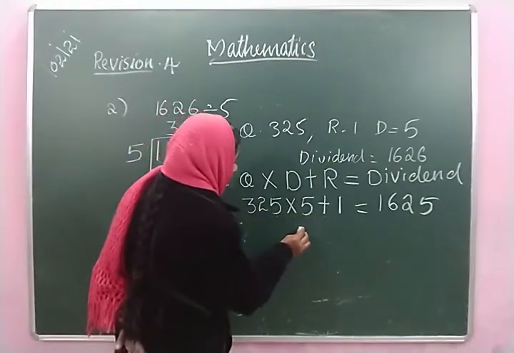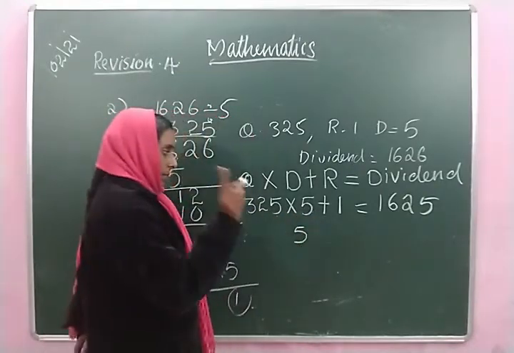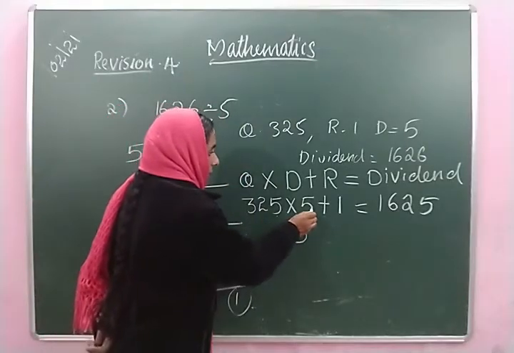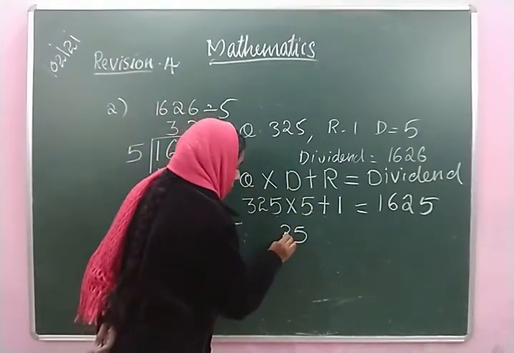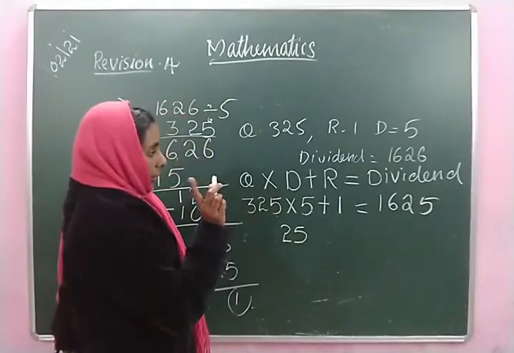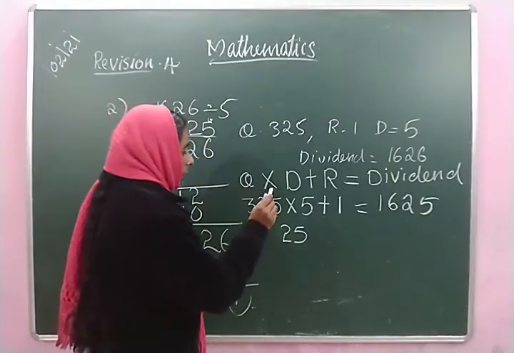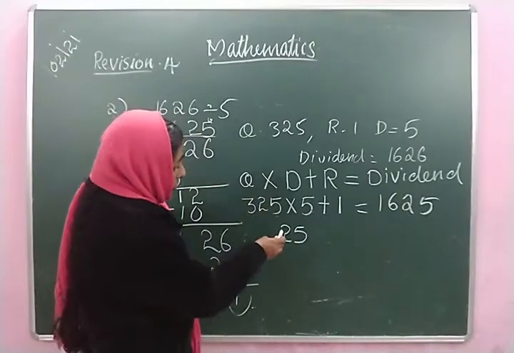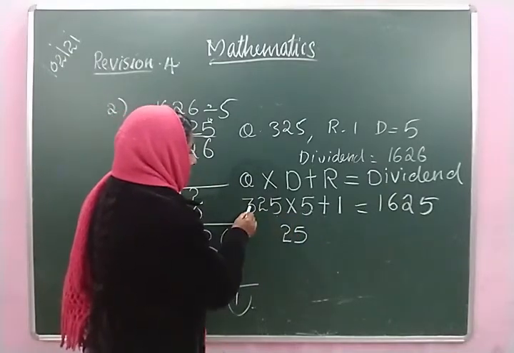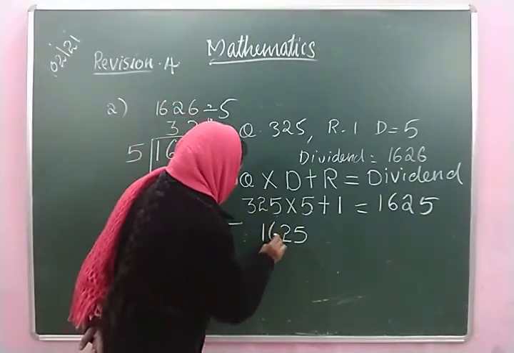Then 325 multiplied by 5. 5 multiplied by 5, 25. 2 is carry over. 5 2s are 10. 10 plus 2, 12. 12, 1 is carry over. 3 5s are 15. 15 plus 1, 16.